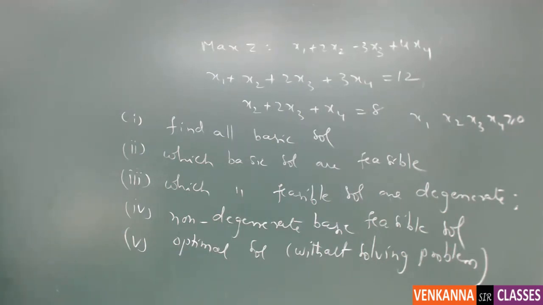Now it contains 4 variables and 2 constraints. If we have such a situation, how are we going to solve it? 4 unknowns, 2 conditions, so 4 minus 2 gives 2 independent solutions.